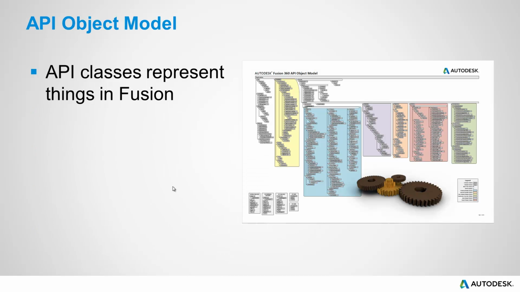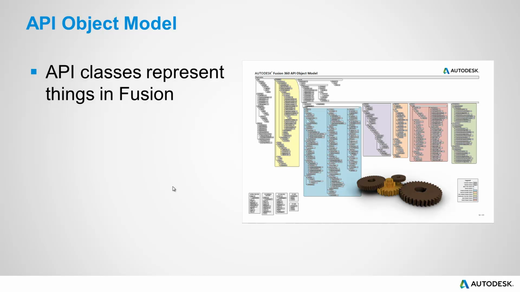A little bit about the concept of how this new API is structured: it's built around what you can call an object model. It's this hierarchical chart, and every little box in there represents a class, or sometimes they're called objects, and most of those have a one-to-one correspondence to things in Fusion.